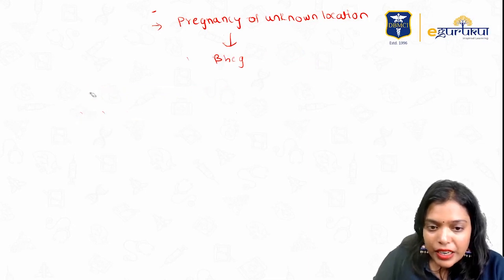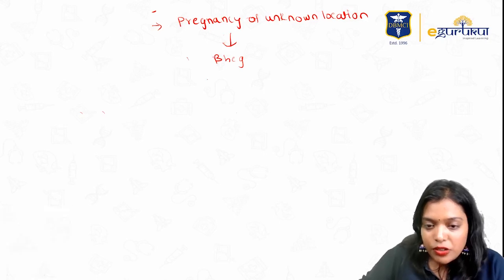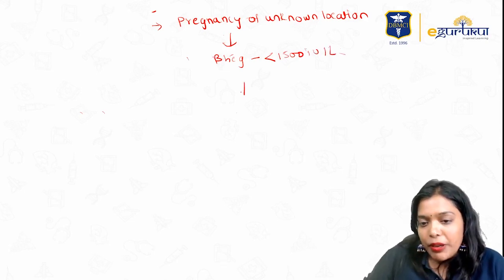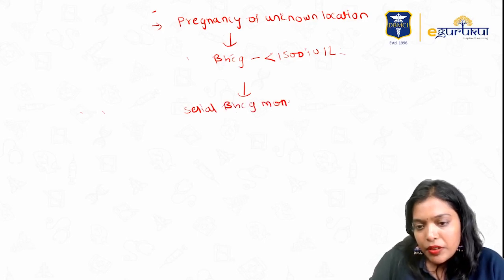If beta HCG levels are less than 1500, that is called the discriminatory zone, so beta HCG levels less than 1500 international units per liter, your next step will be serial beta HCG monitoring every 48 hours.